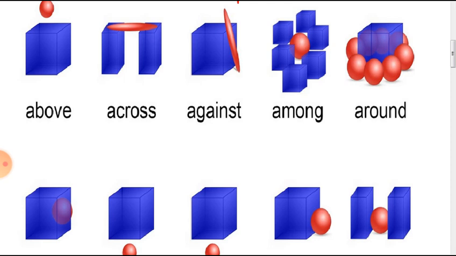So you can understand that between is used whenever two things are there, and if any other thing is between those two things, then between as a preposition is used.